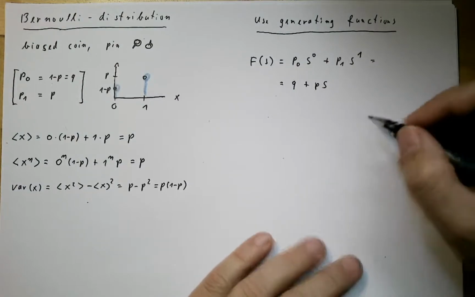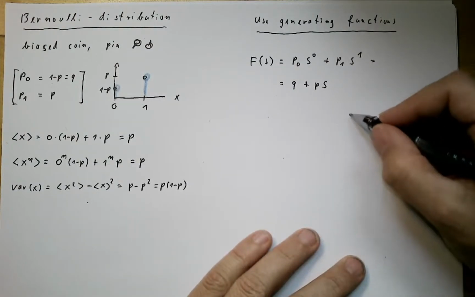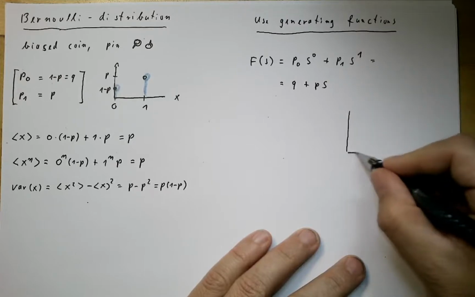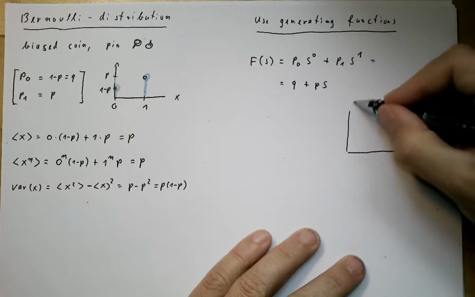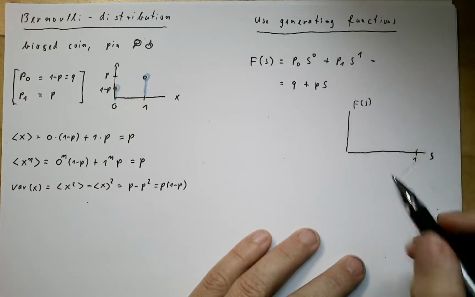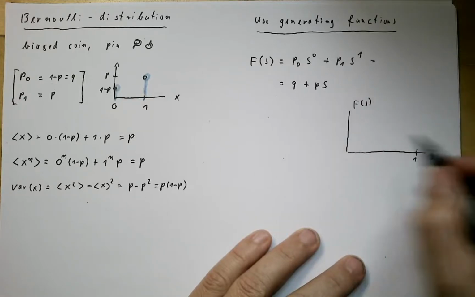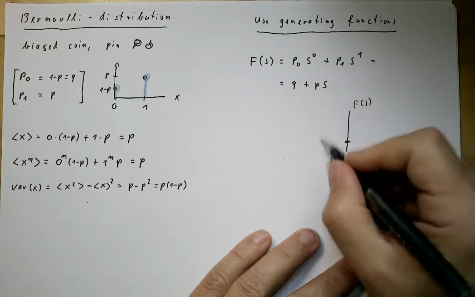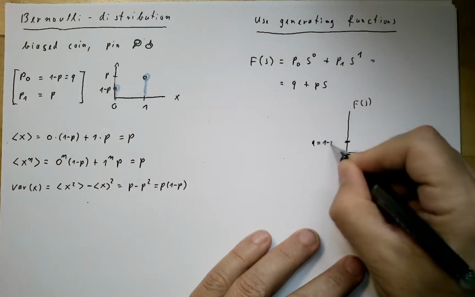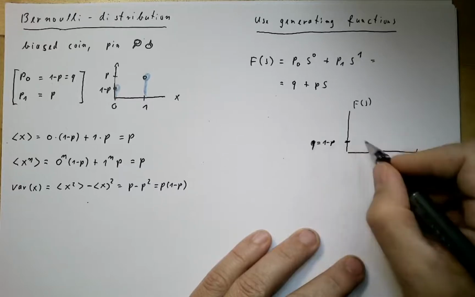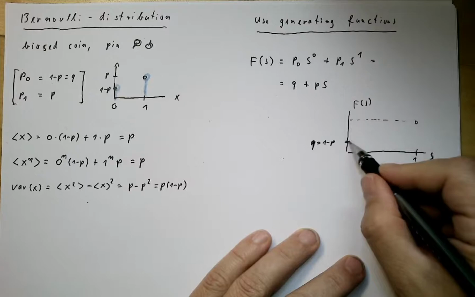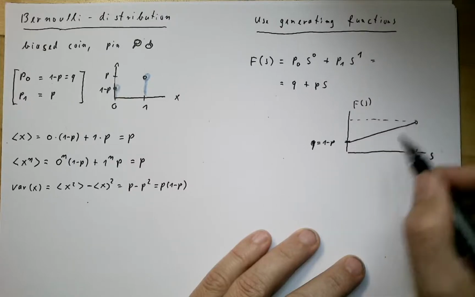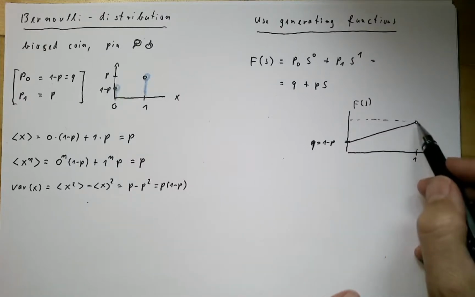So this means the generating function in this case is a linear function which starts with Q equal 1 minus P, and approaches the value 1.